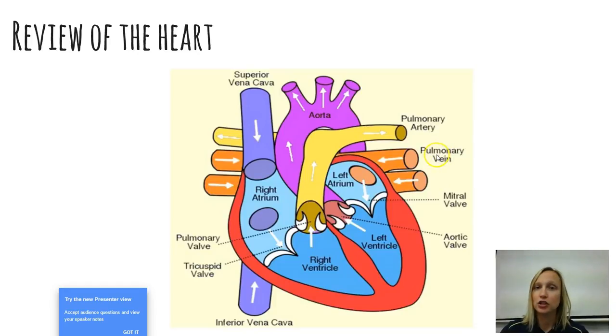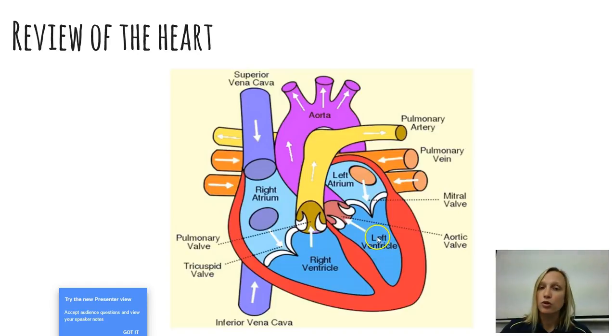So if the blood has just visited the lungs and it's coming to the heart, this blood is going to be oxygenated, so it's going to be full of oxygen. Okay, blood comes in here, it gains enough pressure, okay, to open the mitral valve. It comes through the mitral valve into the left ventricle, where it builds up enough pressure then to open the aortic valve.